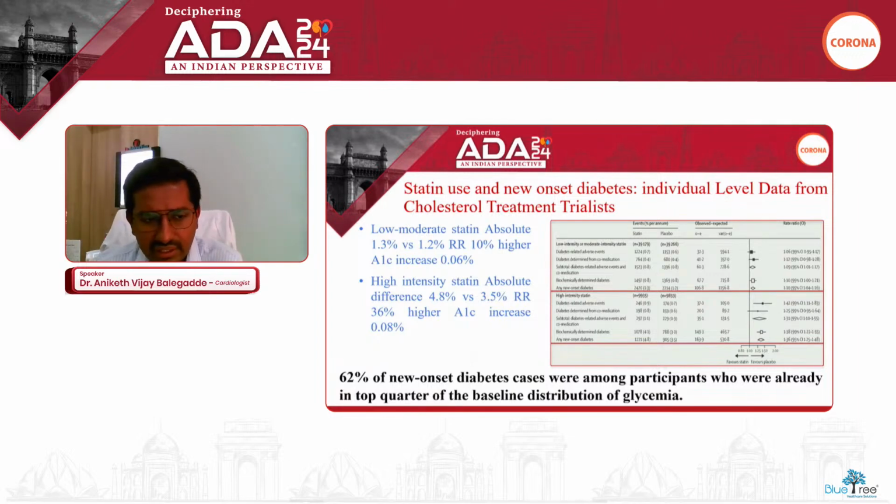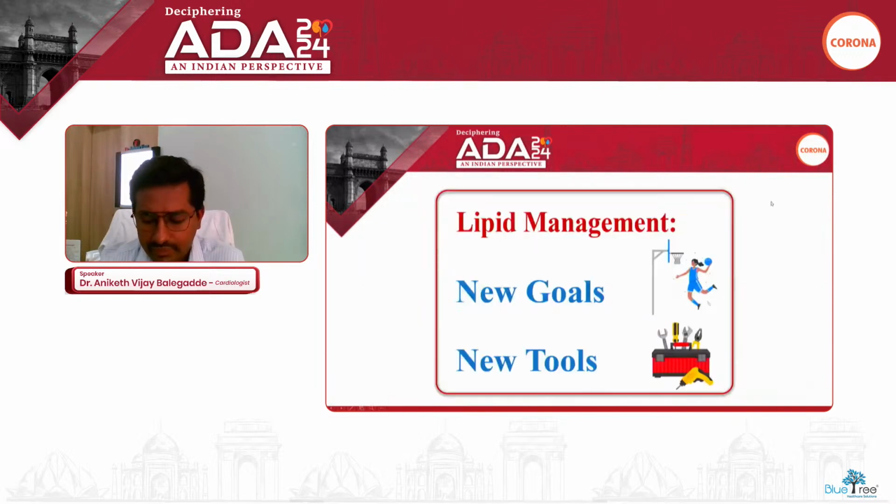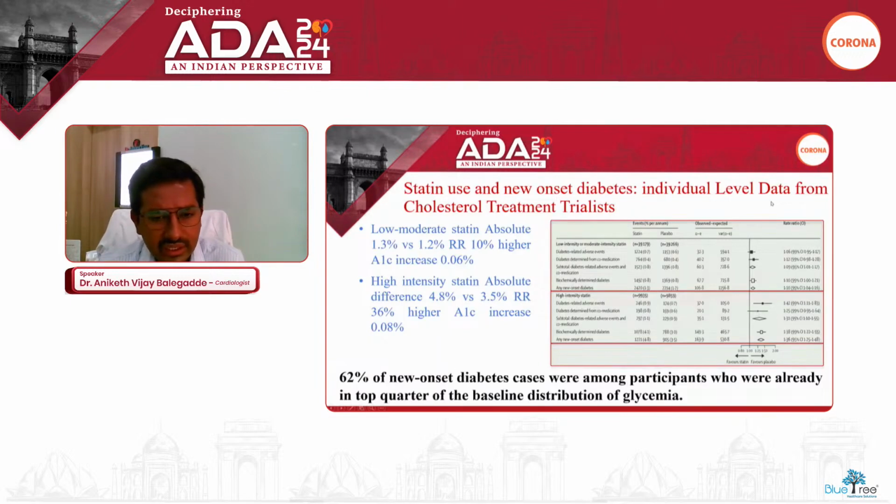With higher intensity statins, whenever an ACS patient comes to us, we always start them on high-intensity statin therapy, for example atorvastatin 80 milligram or 40 milligram. The incidence of new-onset diabetes is always around 7% with statin therapy; with low or moderate intensity the incidence is slightly less, and with higher intensity the incidence is slightly more.